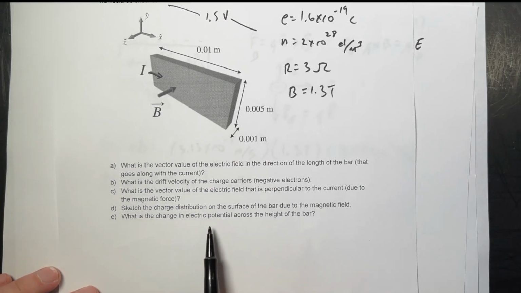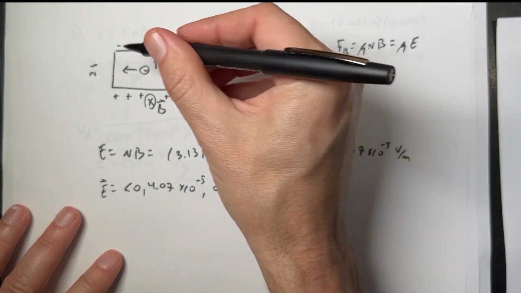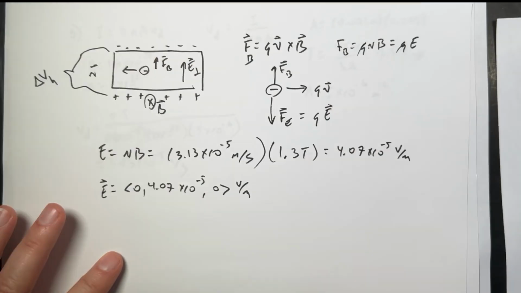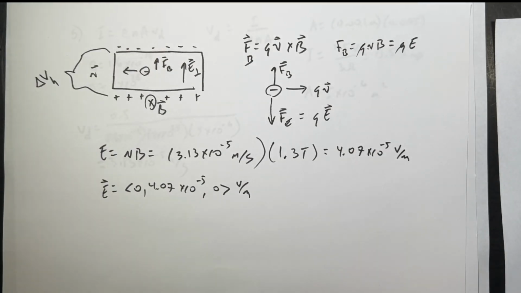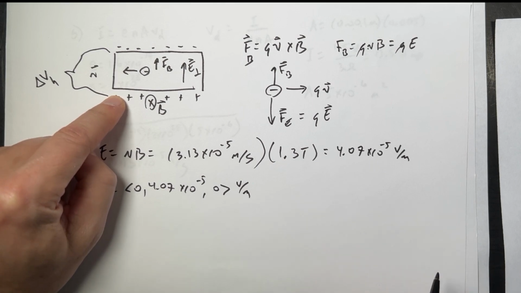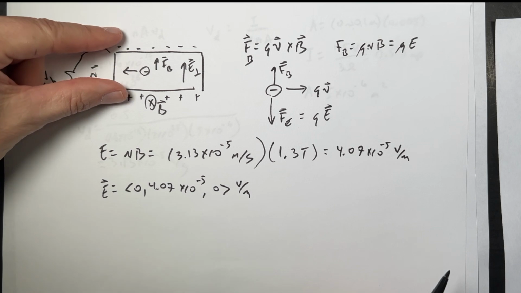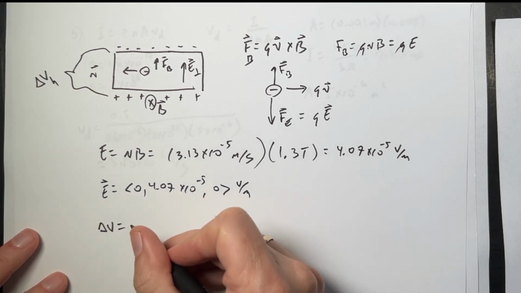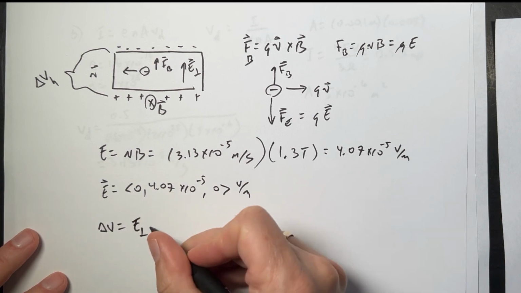What is the change in electric potential across the height of the bar? So this. What's delta VH? What's the delta V that way? Well, if I just want the magnitude, it doesn't really matter, but we can do it either way, right? Because now I have a constant electric field and I know the width, the height. So delta V is just going to be, the magnitude is just E perpendicular times that height.